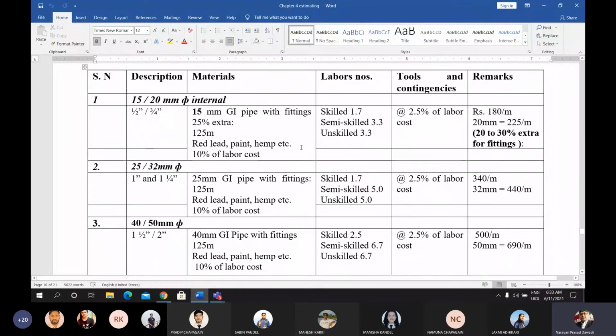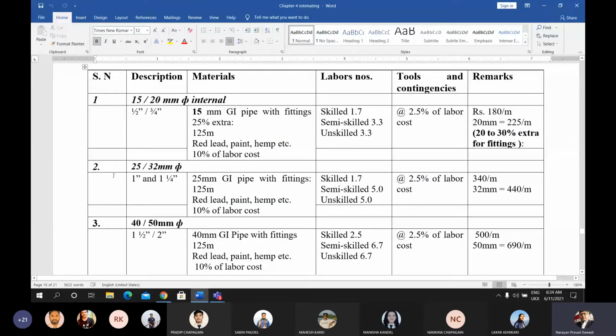Okay. Now the other things remain the same. The skilled, semi-skilled and unskilled manpower for the laying of the 25 mm and 32 mm diameter pipes are 1.5 to 1.7 number for the skilled manpower, 5 number for semi-skilled manpower, and 5 number for unskilled manpower. These are the material, labor, and equipment cost.